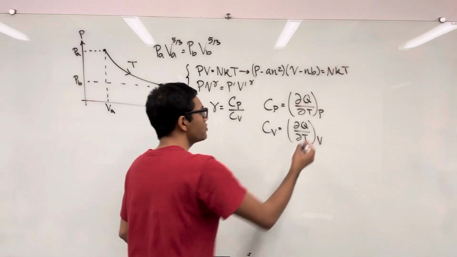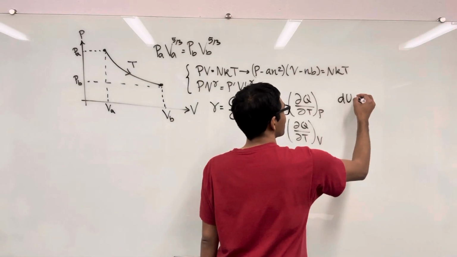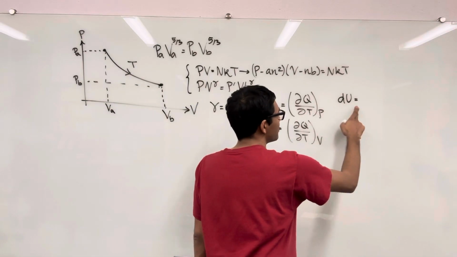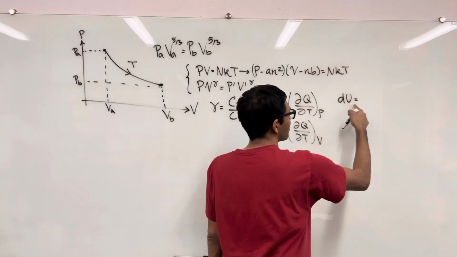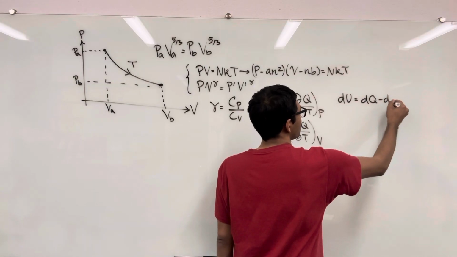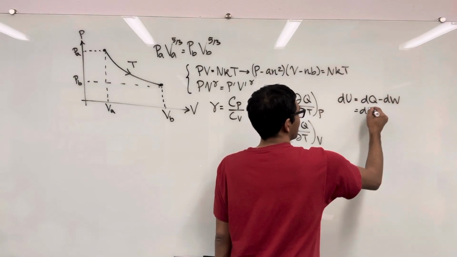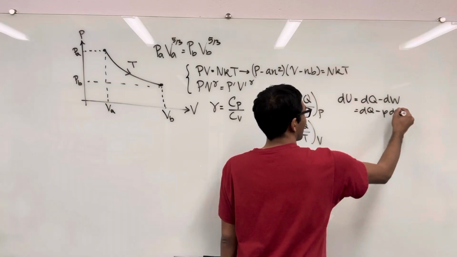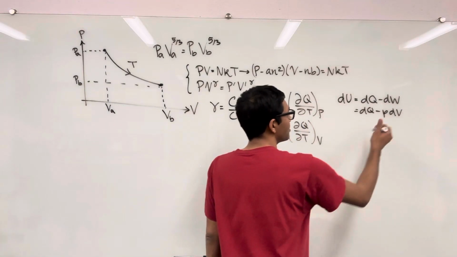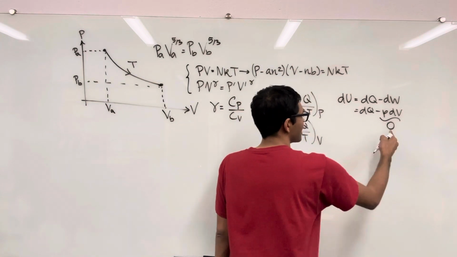We can, of course, use the first law of thermodynamics, which is simply the conservation of energy, which says that energy for a thermodynamic system can only change in one of two ways. You can either add heat or you can do work. We can use this to simplify our equation for Cv further, because if we're at constant volume, there is no work done on the system. This is zero.